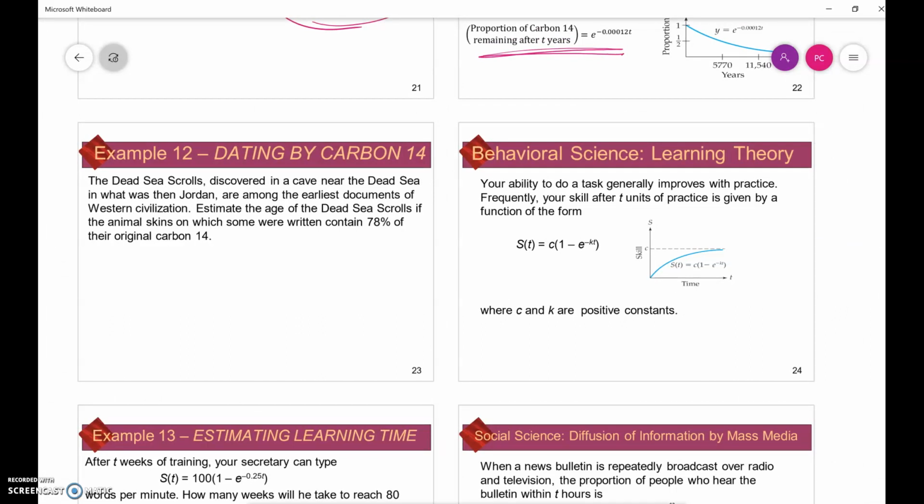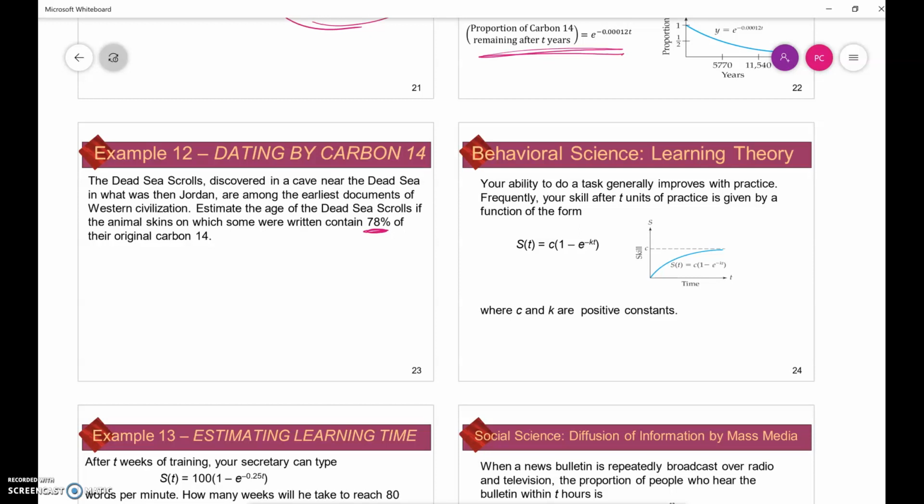The Dead Sea Scrolls, discovered in a cave near the Dead Sea in what was then Jordan, are among the earliest documents of Western civilization. We want to estimate the age of the Dead Sea Scrolls if the animal skins on which some of them were written contained 78% of their original carbon-14.